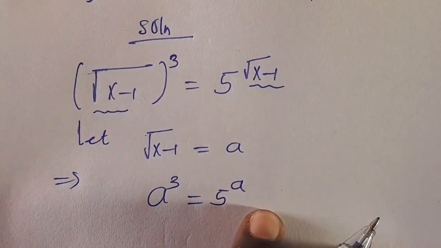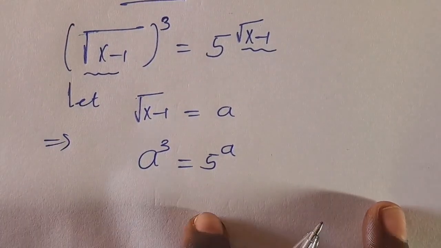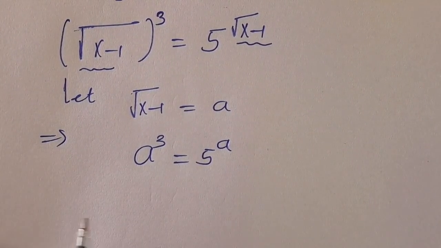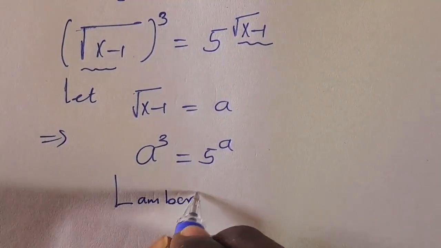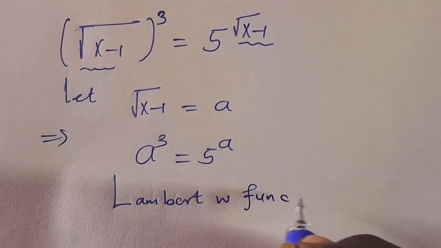Now from here, the next thing we can do is introduce natural log to both sides, because it looks like a solution where we can apply the Lambert W function.